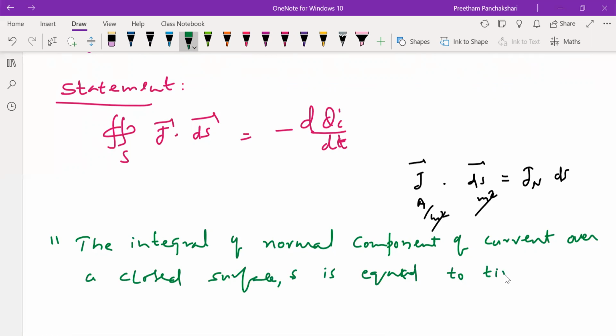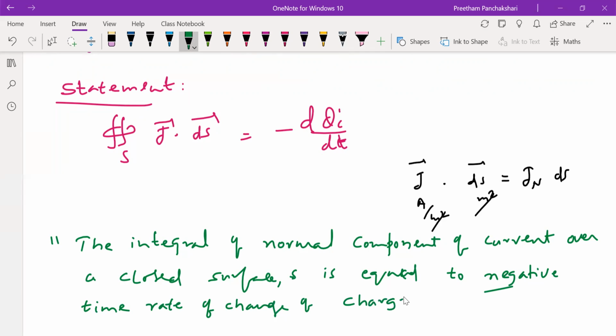Time. Otherwise, negative sign also we shall include here itself. Is equal to negative time rate of. Since I already defined negative sign, I don't say decrease. Say time rate of change of charge.